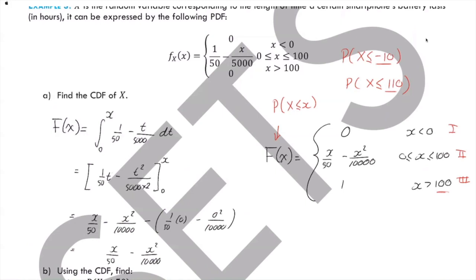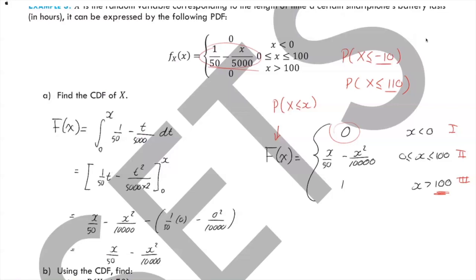So anything before the piecewise is always going to be 0, and anything after the piecewise will always be 1, because if you ask the probability it lasts less than or equal to 200 hours, you're guaranteed for it to last less than 200 hours. The idea is that between 0 and 100, you have probabilities, and anything after, you're guaranteed for it to occur. That's why it's 0 and then 1.